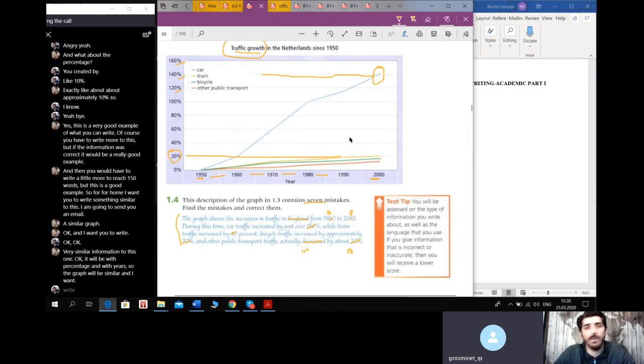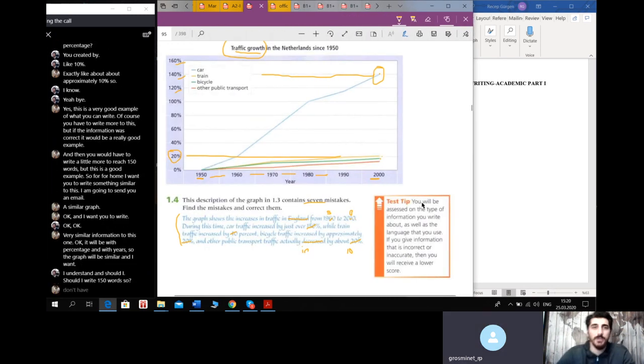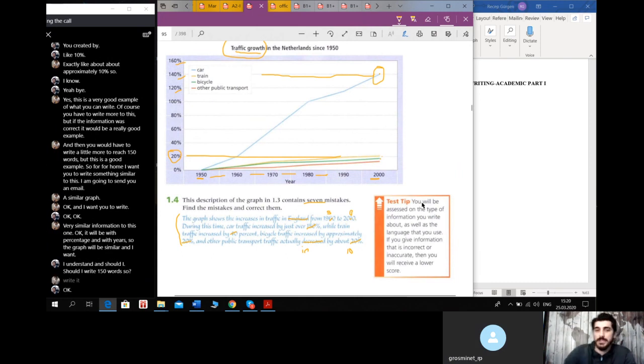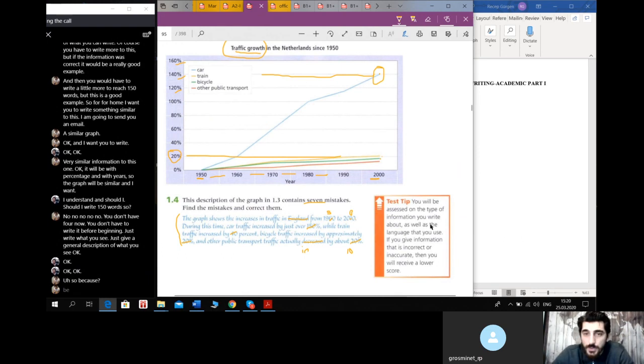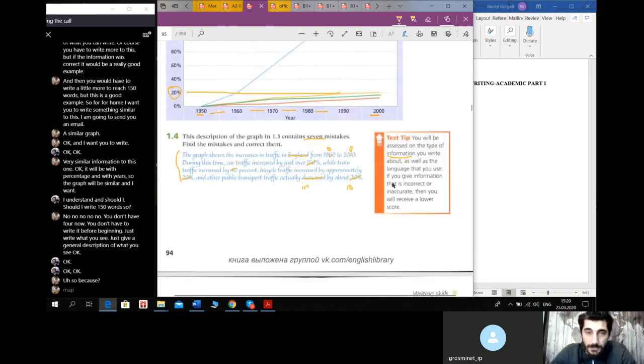No. For now, you don't have to write it. Okay. For beginning, just write what you see. Just give a general description of what you see, okay? Because we will be focusing on the language, but at first you have to write the information correct. So at the beginning, I want you to understand the general information the graph gives, or the map gives, or the diagram gives, okay?